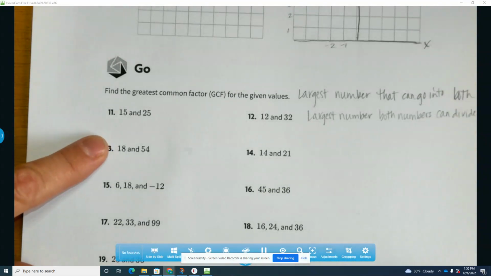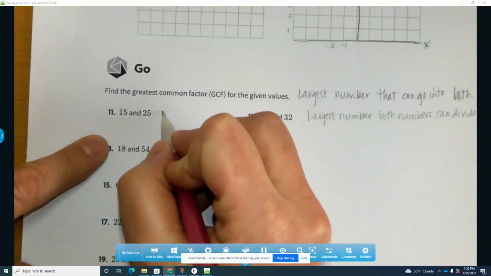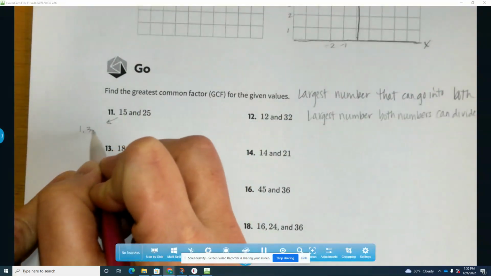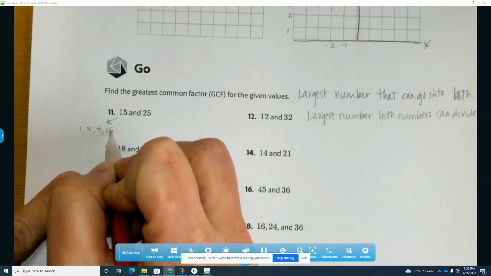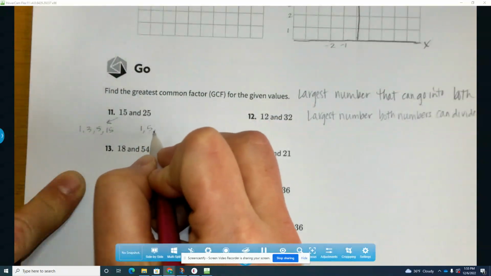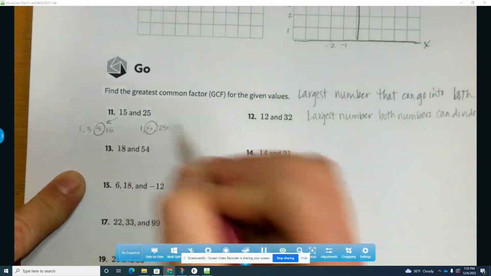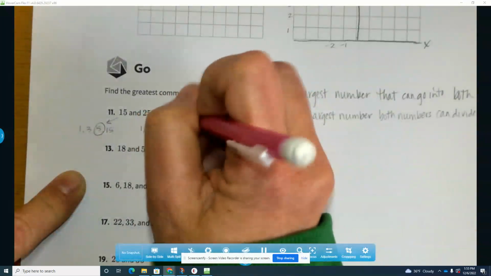Okay. So I like to list my factors. And you can see that there's only one that they share, so the GCF for this one is 5.